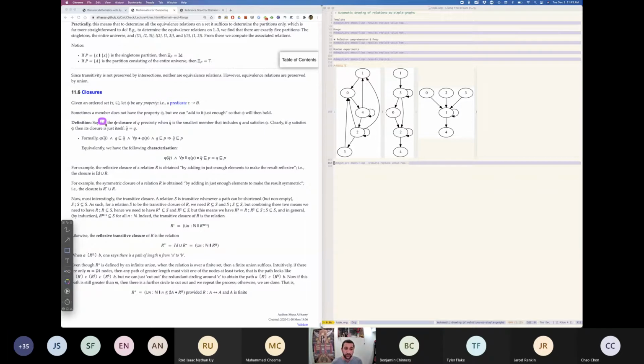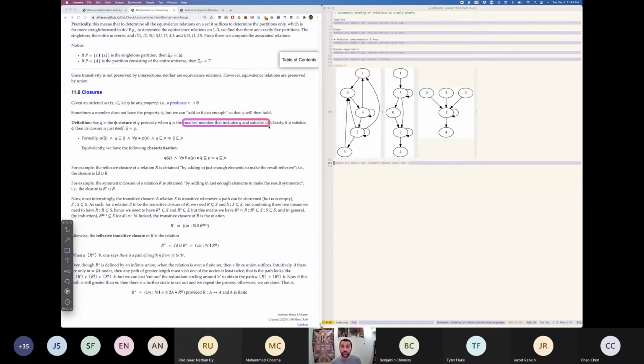So you say Q bar is the Phi closure of Q precisely when it's the smallest member that includes Q and satisfies phi. So you're saying, oh gosh, the number 3.14 is not an integer. If only I could find a number that is at least 3.14 and is an integer.